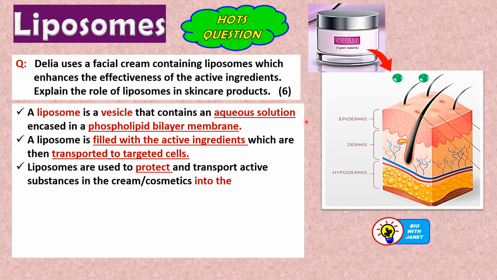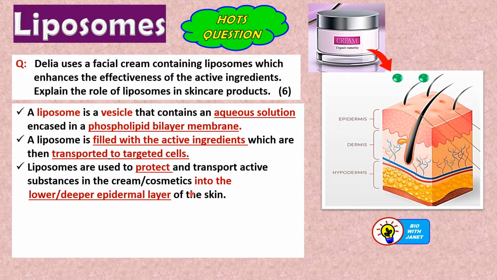So how do they help to deliver the ingredients in the skin care products to the cells? The liposomes are used to protect the active ingredients and then to transport them into the lower or deeper epidermal layer of the skin.